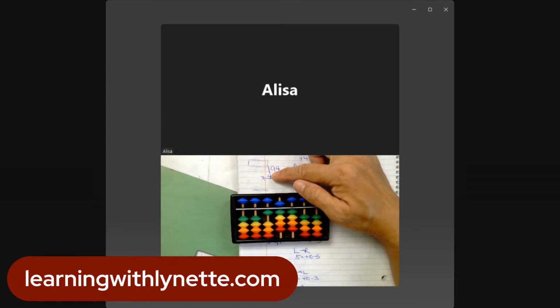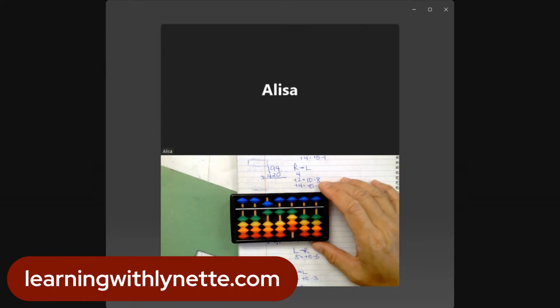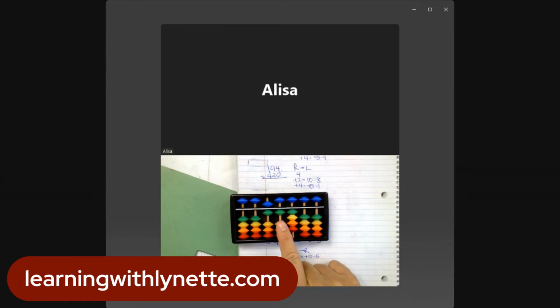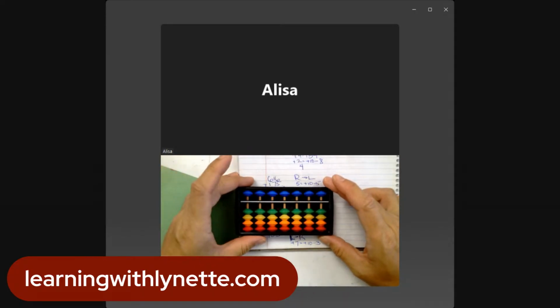So add the 4, add the 2, 0, 4. And so this one was from left to right.